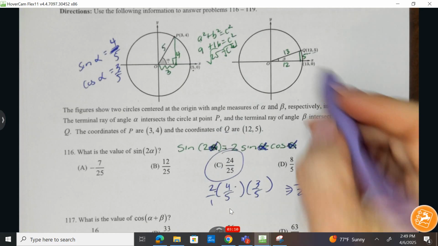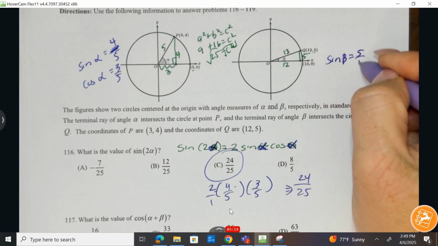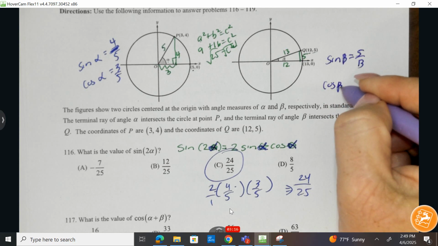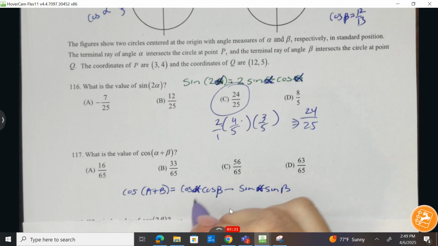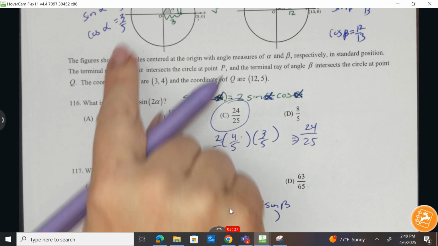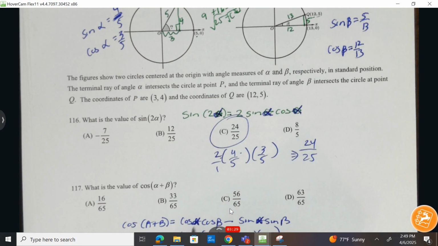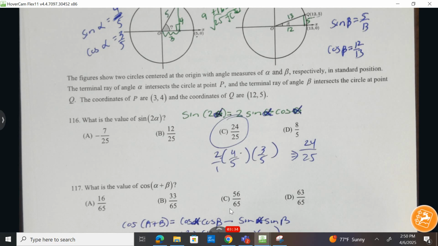All right, I'm going to come back up here. We see this and we say the sine is equal to opposite over hypotenuse and the cosine is equal to adjacent over hypotenuse. Literally then I'm just plugging things in. On the left-hand side, cosine is 3/5, and now I need a cosine over here, which is 12 over 13.